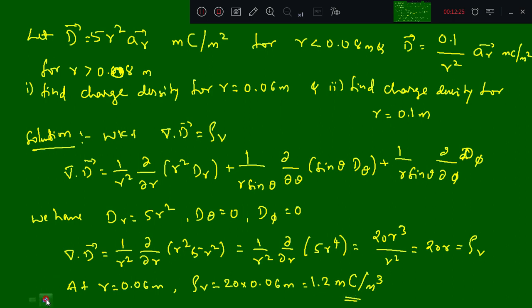Next is the second solution. They have asked for D equal to 0.1 divided by r square a_r millicoulomb per meter square.